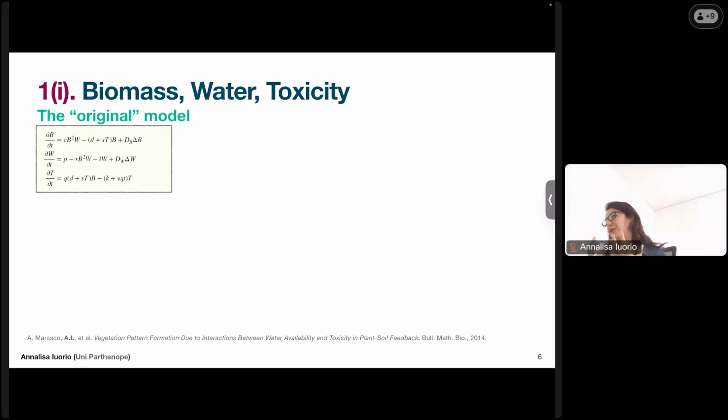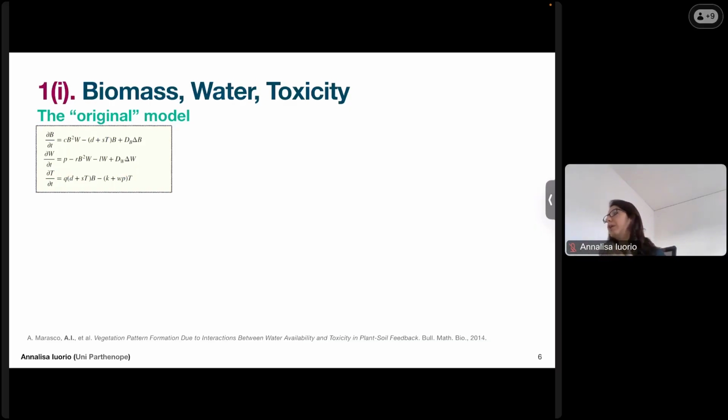So what did we do back then? We considered a system of 3 reaction diffusion equations for these 3 variables: biomass B, water W, toxicity T. It may look more complicated than it is, but actually it's an extension of a very classical model in vegetation patterns called the Klausmeier model, where you only considered biomass and water dynamics.